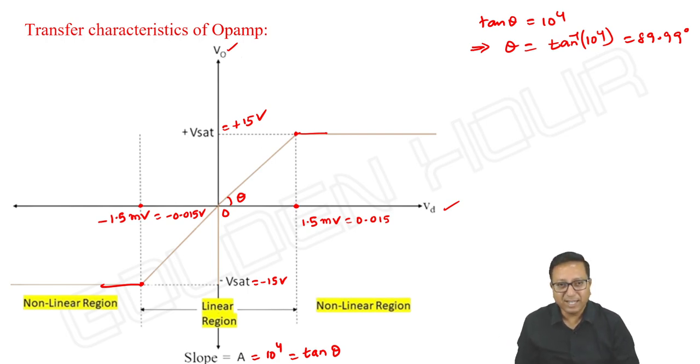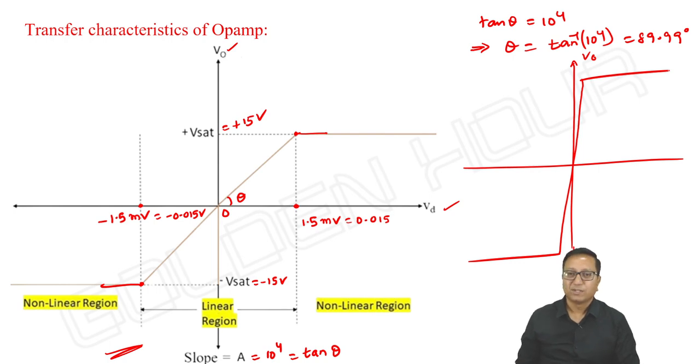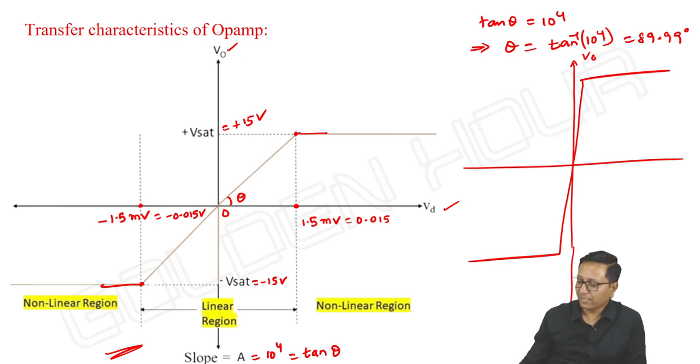Okay. Even though I am showing it like this, the reality is this is how the transfer characteristics appear.